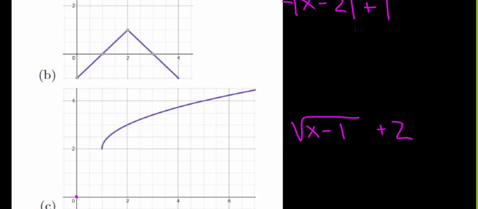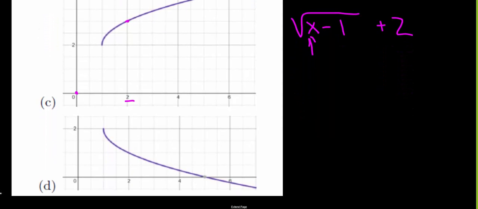Make sure it's correct. You know, you could plug in a 2, for example, and you should get out a 3. So if I put in a 2 in here for x, square root of 2 minus 1 is 1. 1 plus 2 is 3. So yeah, it matches, right? So you could put in a point and make sure you got the right graph or the right function.